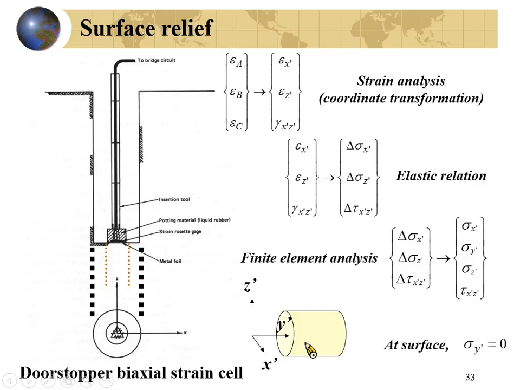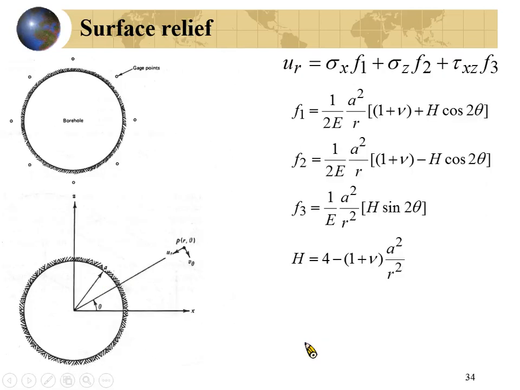So you will have 3 unknowns to be determined. I will mention this later. You will measure the stress, sigma x, sigma z, and tau xz. But this is not the global stress. I will mention this later.